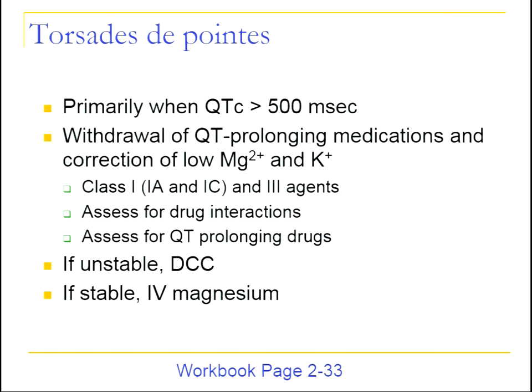So we generally want our potassium greater than 4 and our magnesium greater than 2. And the best way to treat torsades is to prevent it. So look for those drugs that prolong QT, your macrolides, your phenothiazines, your Haldol, those types of drugs, and try to prevent that in the community.